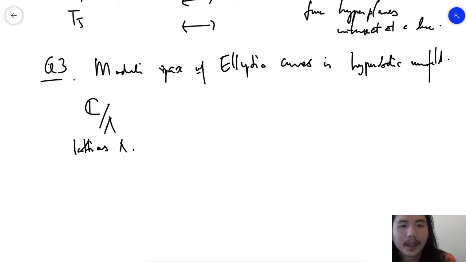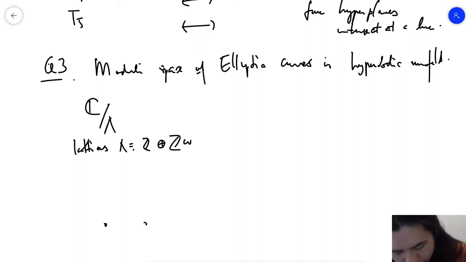And we can always choose lambda so that it is generated by two numbers, where one of the fundamental basis of the lattice is 1, and the other one is a single complex number which we call omega. We can rotate the lattice so that this holds. But the choice of omega is not unique.